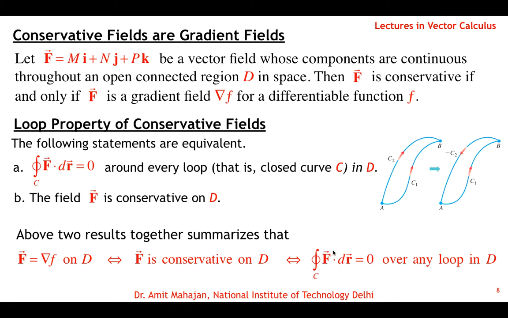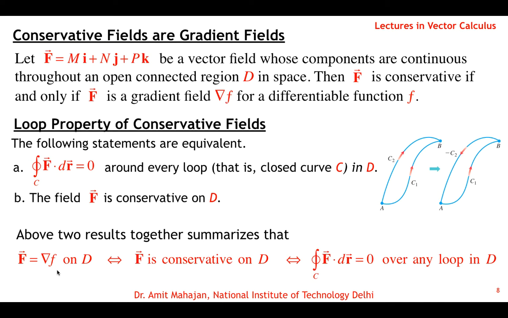If the integral over any closed loop is 0, then the field is conservative, and if the field is conservative, then the field can be written as the gradient of a scalar function f. Now there are two questions which remain to be answered.